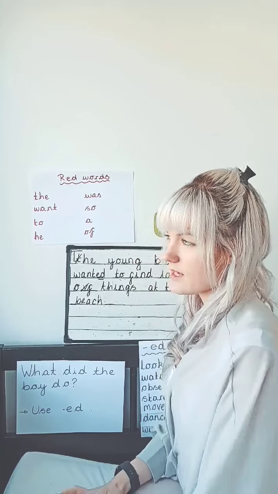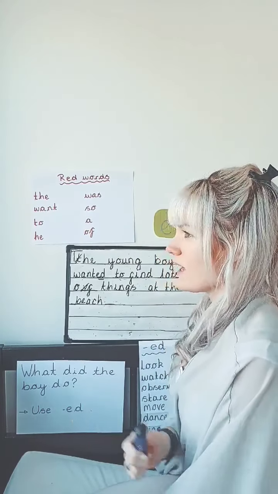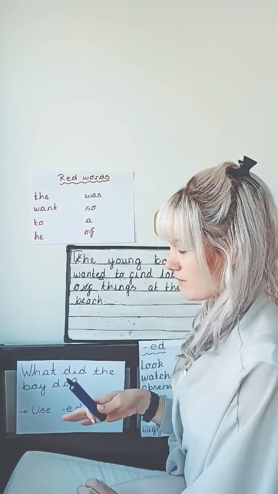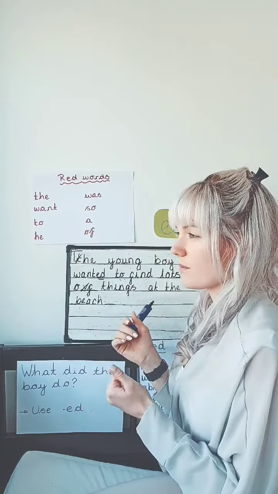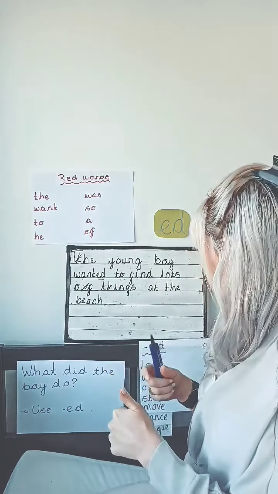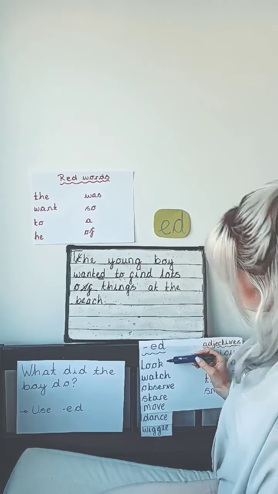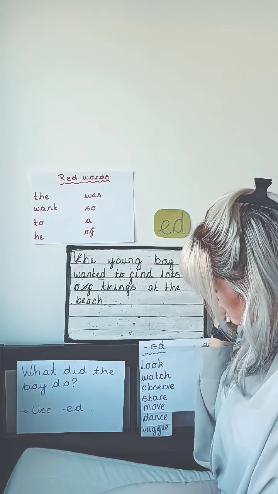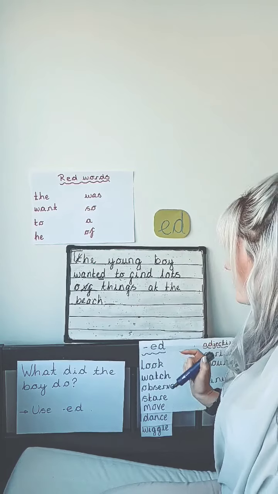Now, I need to come up with my next sentence. And I think, now I know that in the picture, the boy was looking at an animal. So I think I'm going to say, because we need it in past tense, I'm going to say he, I don't want to use look, because we've got watch, observe and stare. So I might use watch.